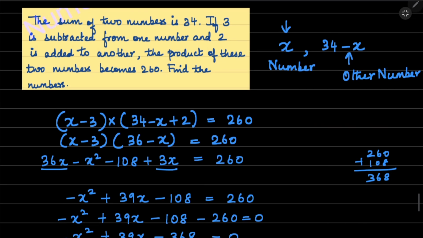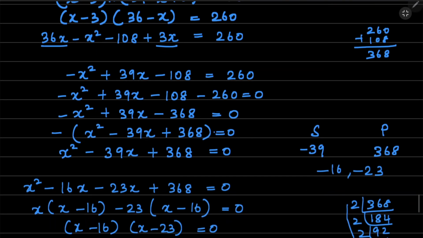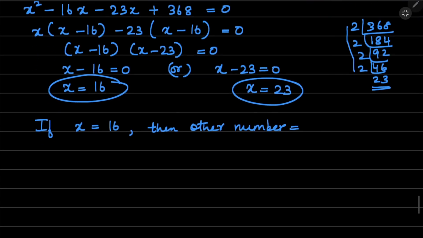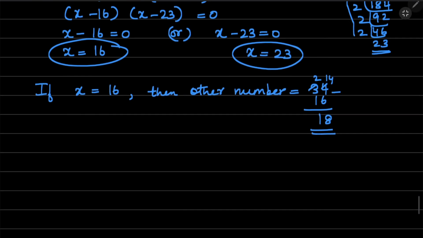What is the sum? 34, minus x, we have assumed, right? If you know x, you can find the other number. 34 minus 16, right? So the other number is 18.